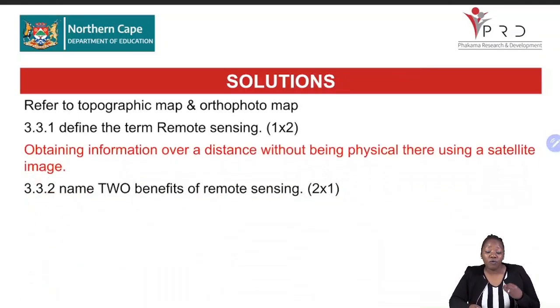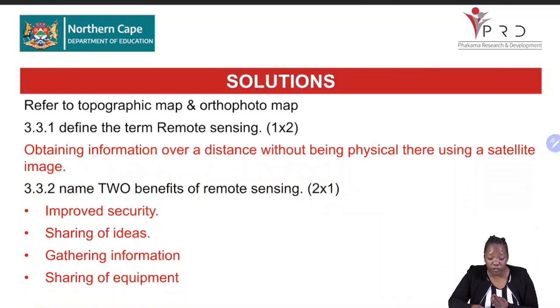It is the obtaining of information from a distance without being physically there. So one might ask, how am I going to obtain the information without being physically there? By using a satellite image, you will be able to obtain that information.